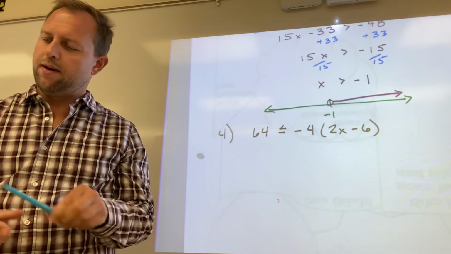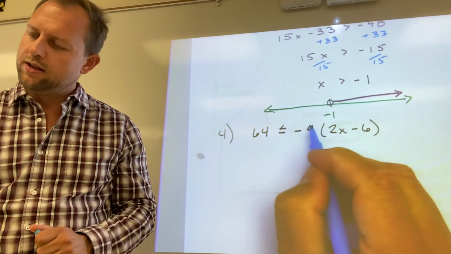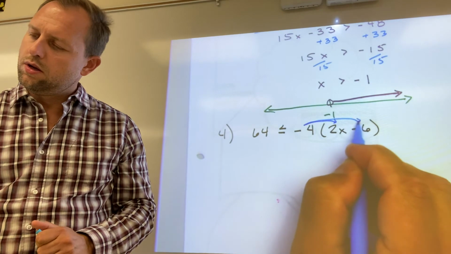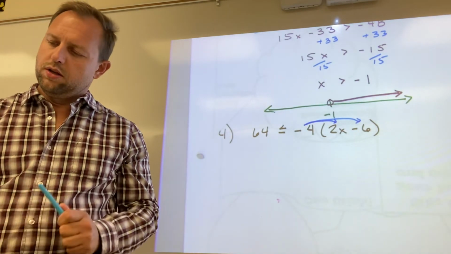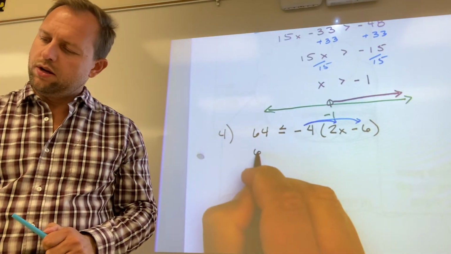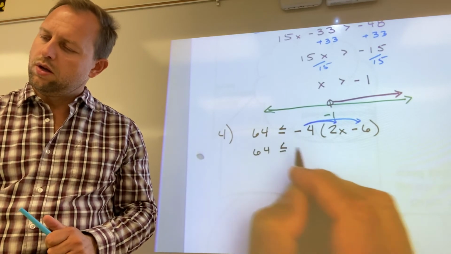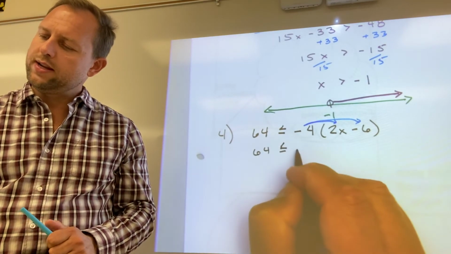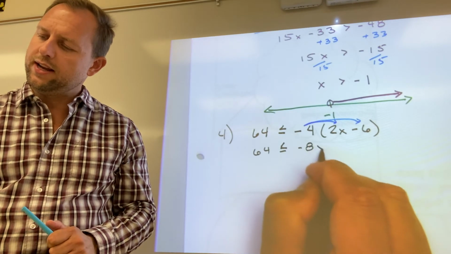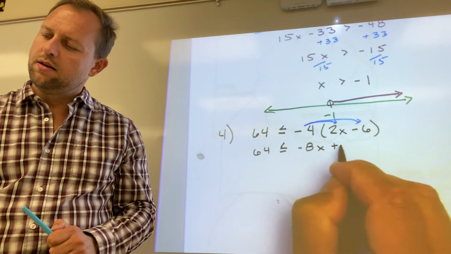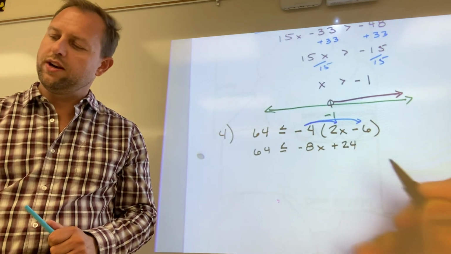Again, our first step is, you guessed it, distribute. 64 comes down, less than or equal to. Negative 4 times 2x is a negative 8x. Negative 4 times a negative 6 is positive 24.